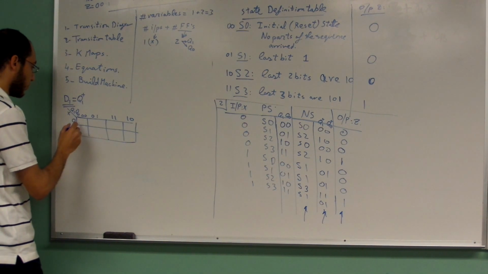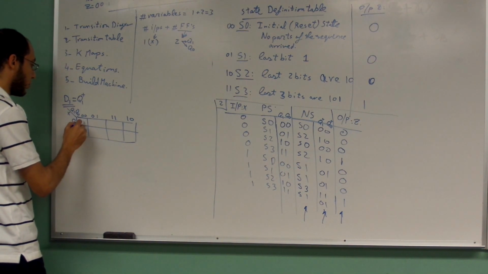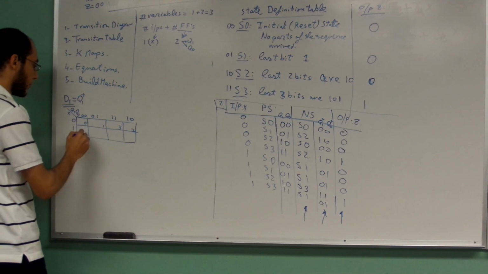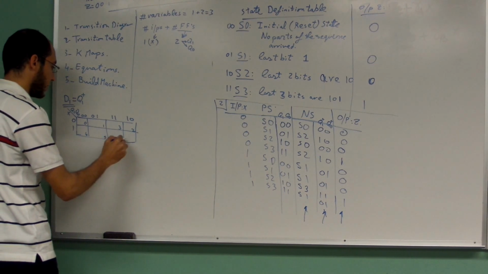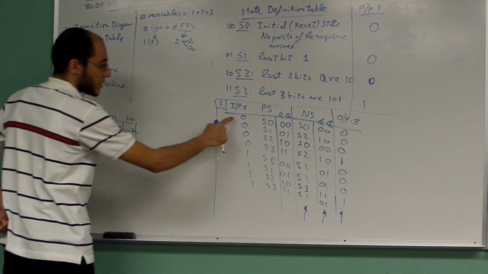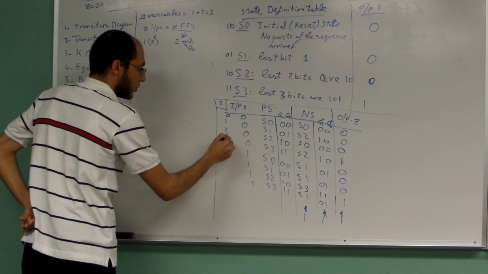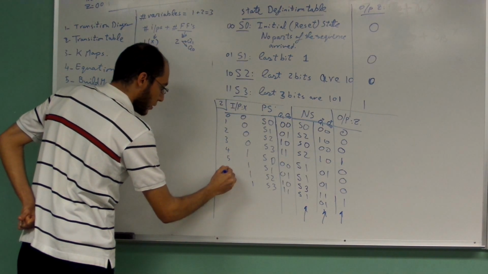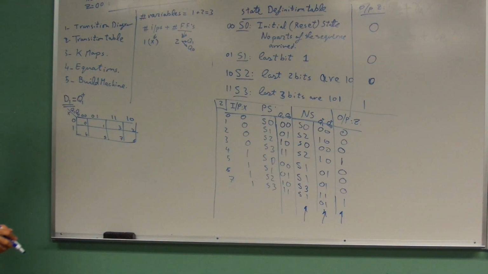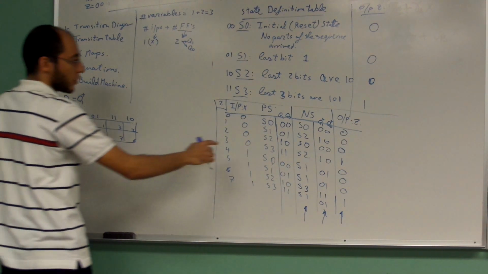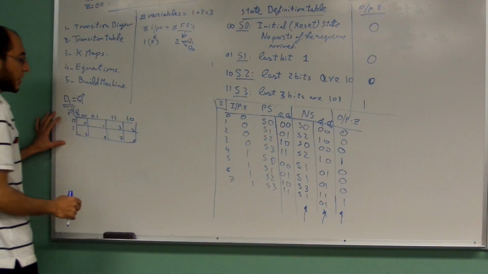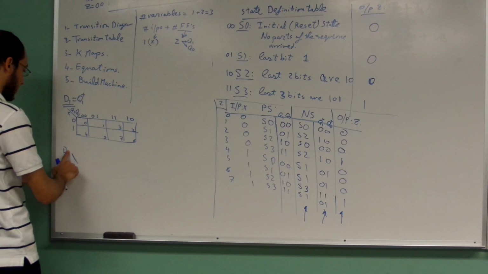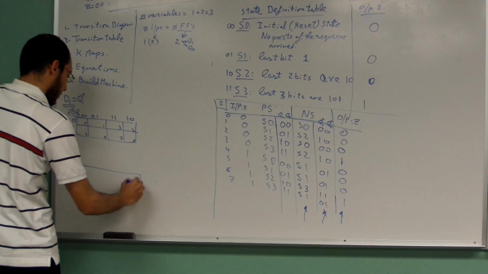So the cells are 0, 1, 2, 3, 4, 5, 6, and 7. Right? So the first row, let's fill in the Q1. Let's repeat this again for the D0, because it's going to be exactly the same.